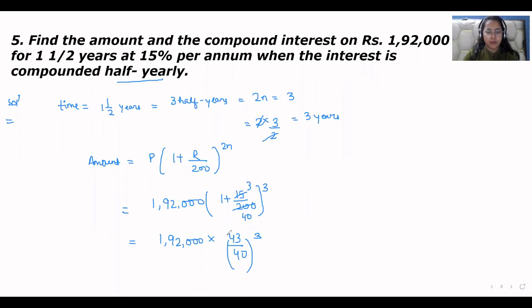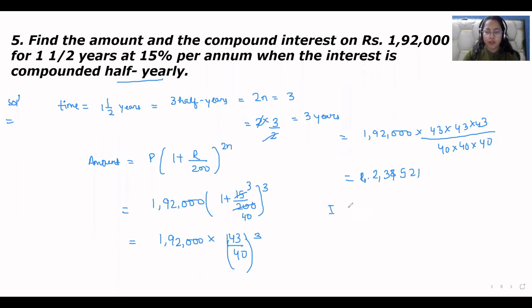To the power 3, it becomes 43 times 43 times 43 over 40 times 40 times 40. After solving it, we get 2,38,521 rupees.